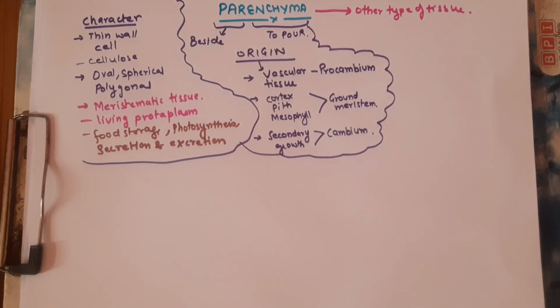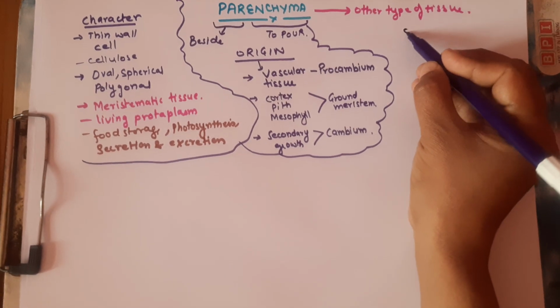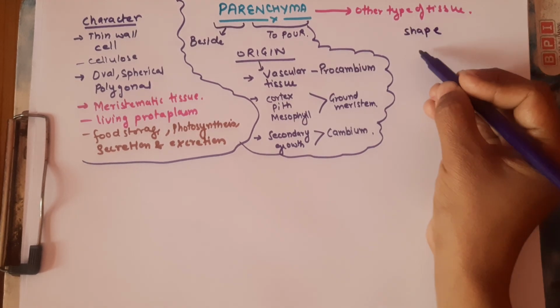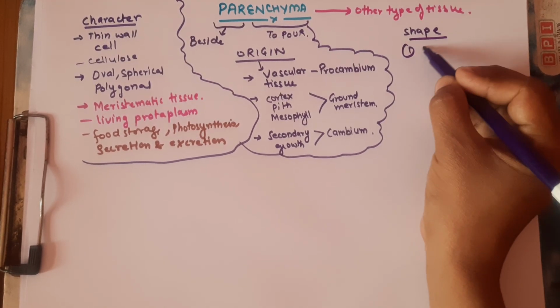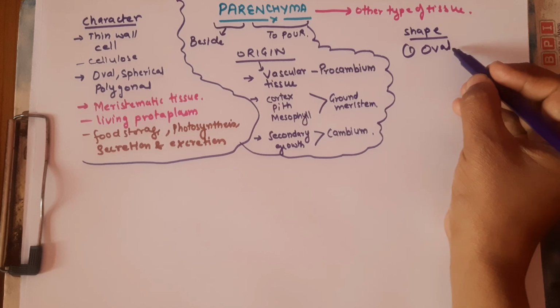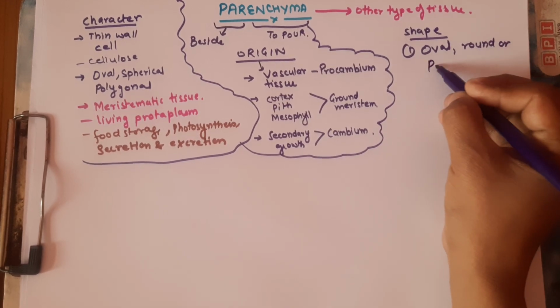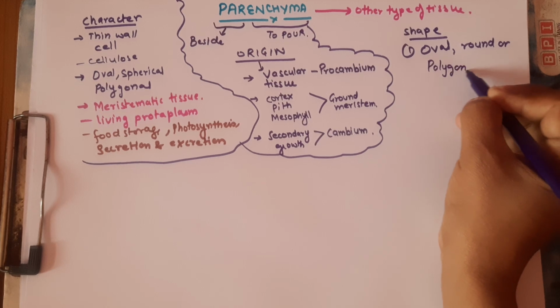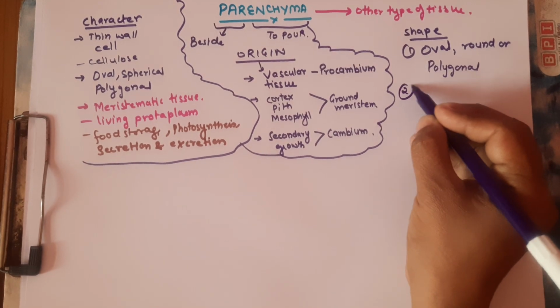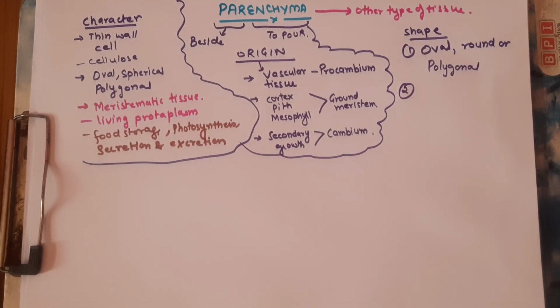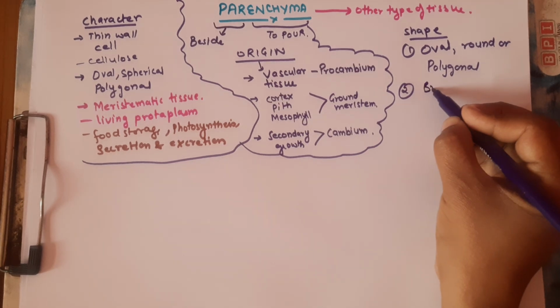Now we will talk about the shape and the size. I already told you that their shape can be oval, round, or polygonal. The second thing is, I already told you, they are isodiametric. It means they are broad, not much longer.